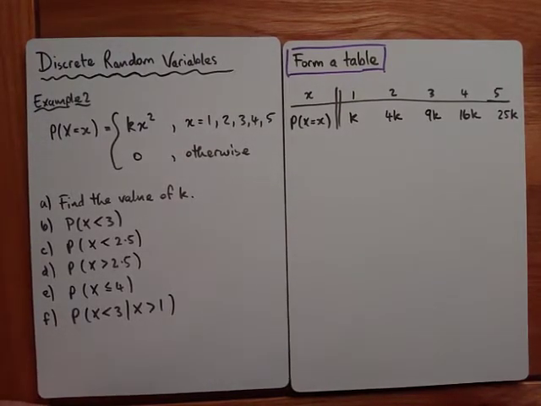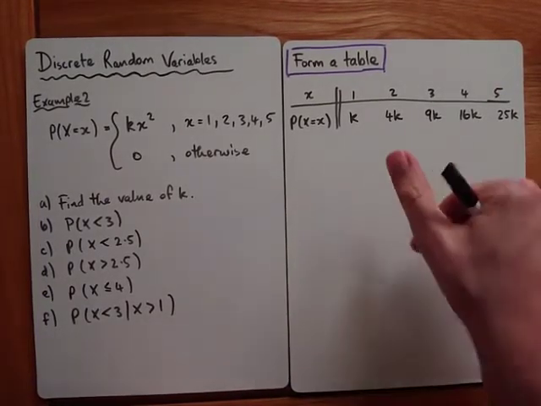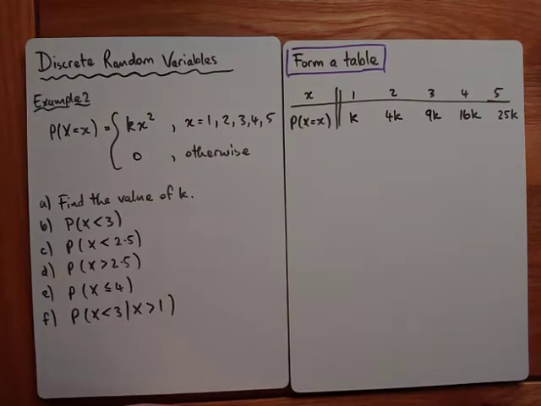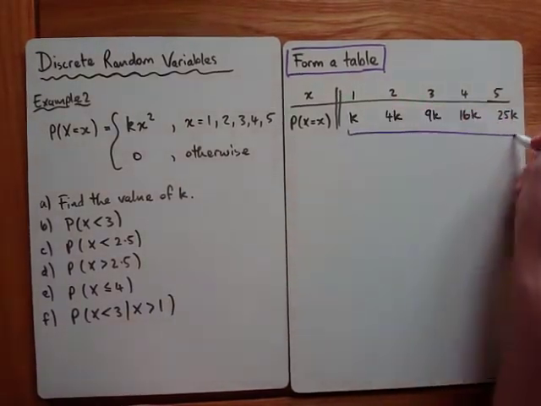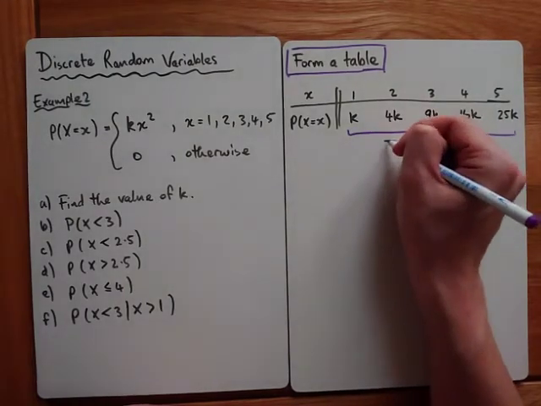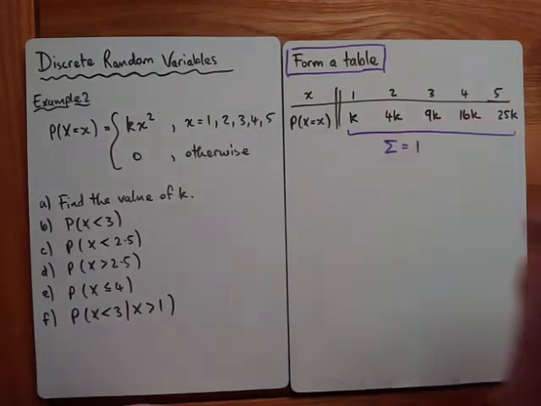Now once we put it into the table, remember what we know about this distribution. The spinner is only ever going to land on a 1, 2, 3, 4 or 5. In other words, we know that the probability of all of the possible outcomes will always add up to 1.